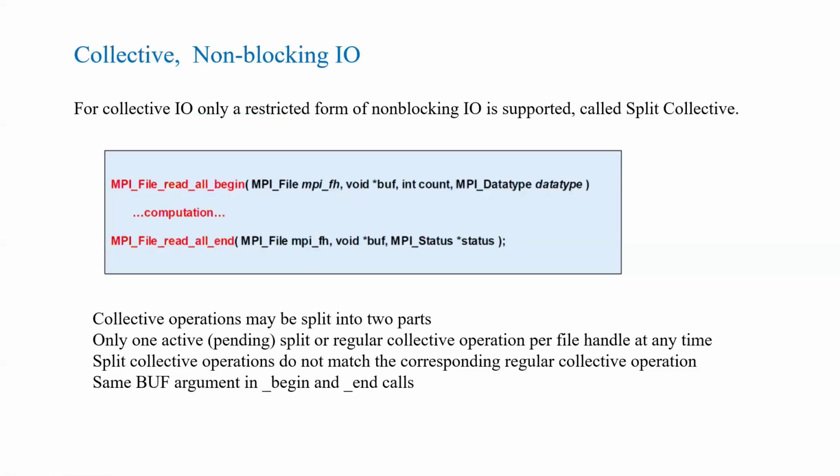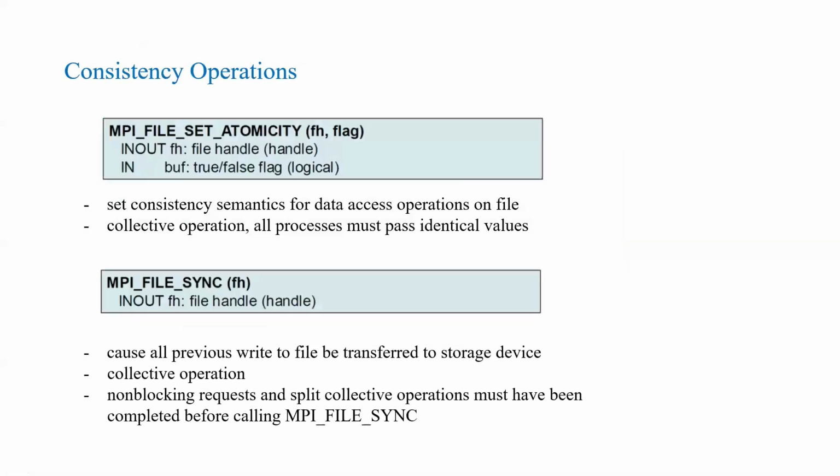Okay. And then you can do collective non-blocking I/O as well. In this case, you do it in two parts that are called split collectives. So there's a function called read_all_begin, and you do some things, and then the read ends with read_all_end. And there are similar ones for write as well.